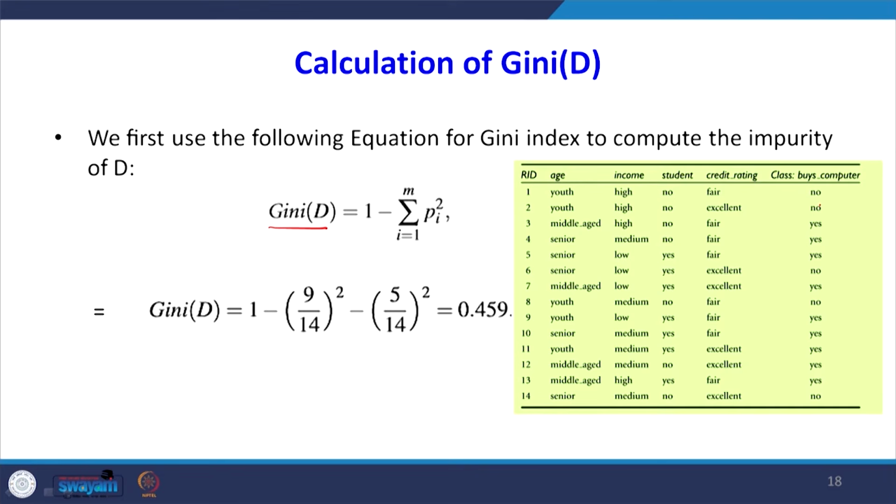How many yes are there? There are 9 yes: 1, 2, 3, 4, 5, 6, 7, 8, 9. 9 divided by 14 whole square, minus how many no are there? Next level, 1, 2, 3, 4, 5. So, 5. So, the Gini of D equal to 1 minus 9 by 14 whole square minus 5 by 14 whole square, that is 0.459.